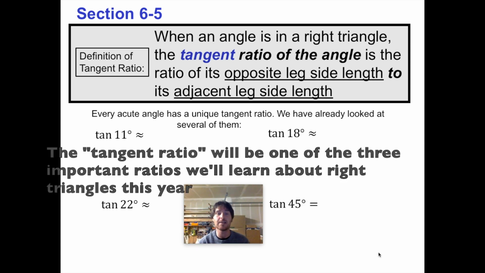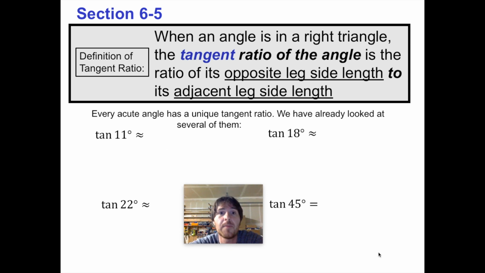So take a second, put this in your notes, and try to digest this. This is going to be very similar to what I've been telling you and what you've been practicing the past few days. But here we have the definition of tangent ratio. When an angle is in a right triangle, or if it's not in a right triangle, let's just say we have an angle, that angle is going to have a tangent ratio.